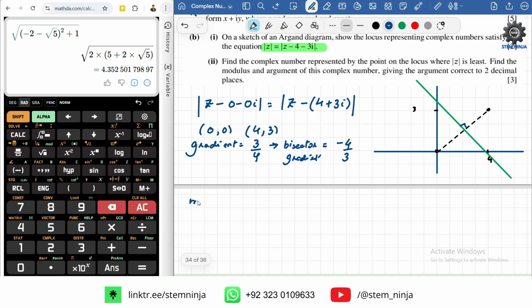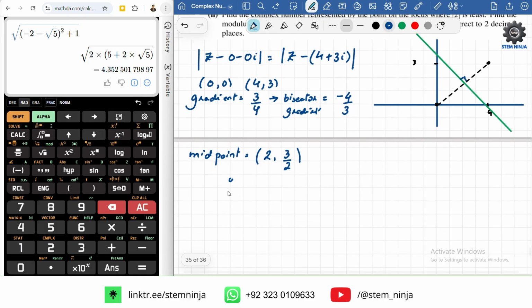Furthermore, the midpoint through which the perpendicular bisector passes, since one point is (0, 0), is 4 divided by 2 which is 2, and 3 by 2. Now we can construct an equation: y minus y1 equals m times (x minus x1).